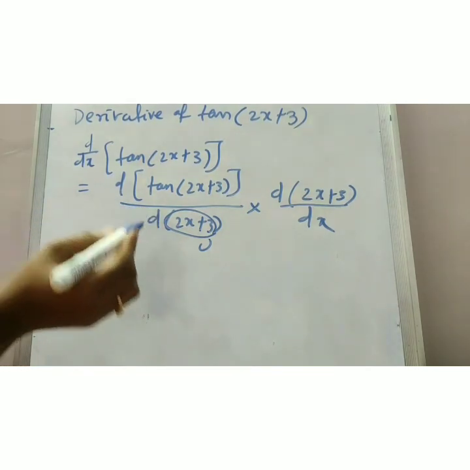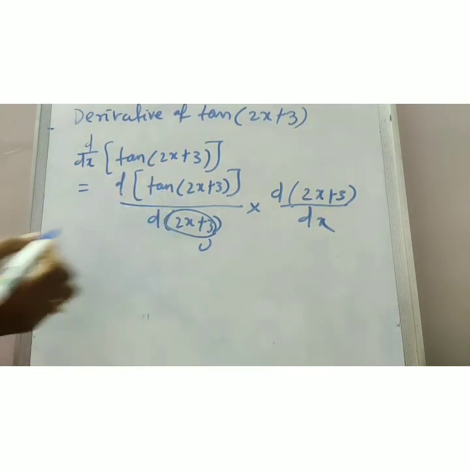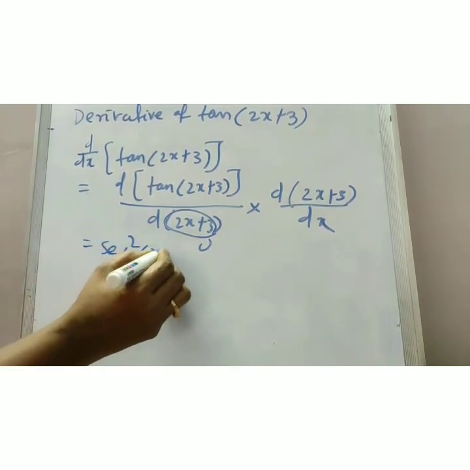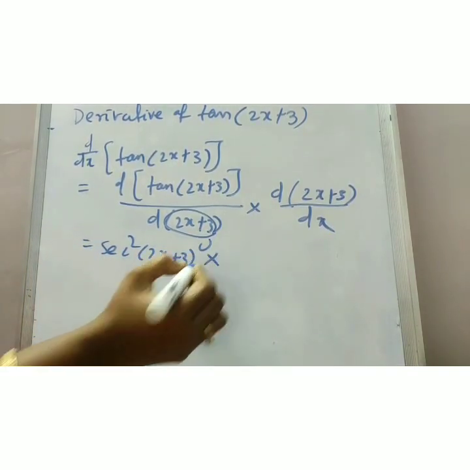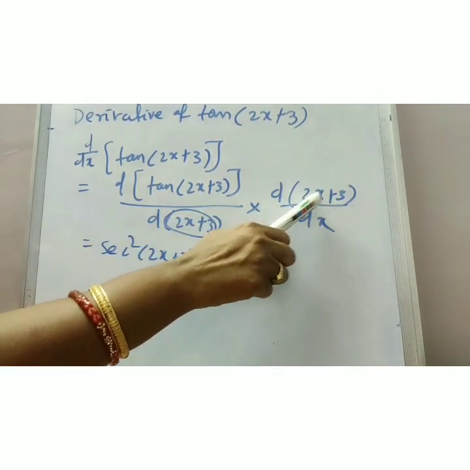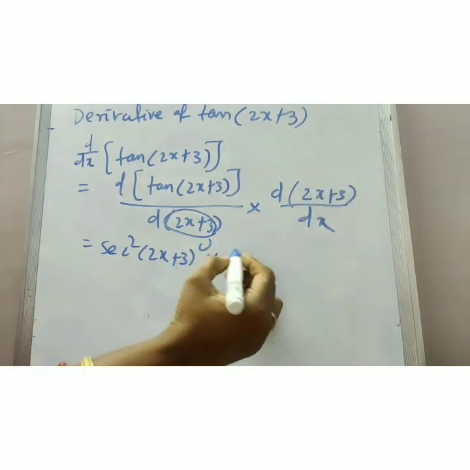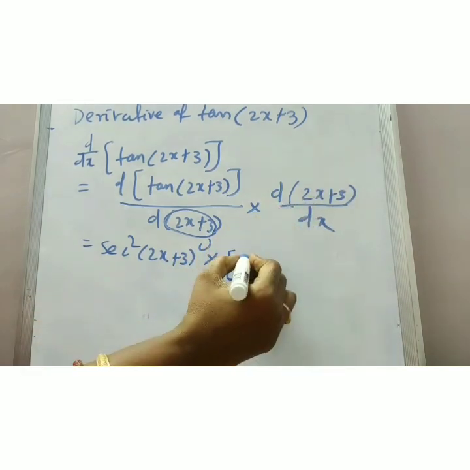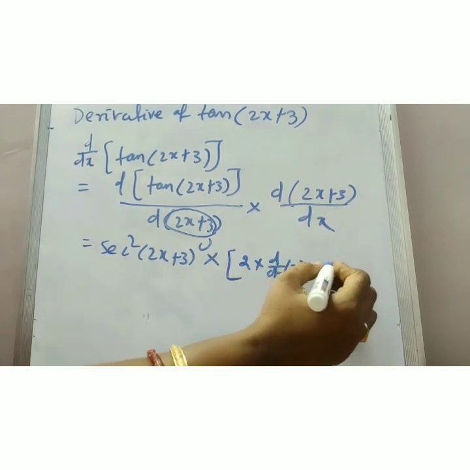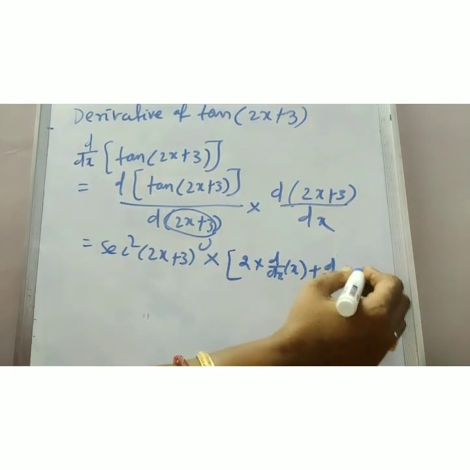You have the formula of tan x: the derivative of tan x is sec square x. So this becomes sec square of 2x plus 3 into, what is d by dx of 2x plus 3? d by dx of 2x plus d by dx of 3. d by dx of 2x is equal to 2 into d by dx of x, plus d by dx of 3.